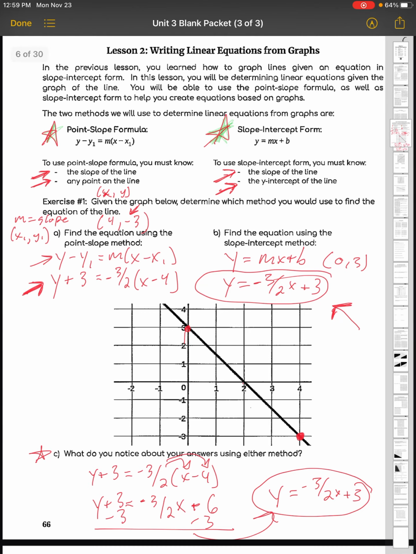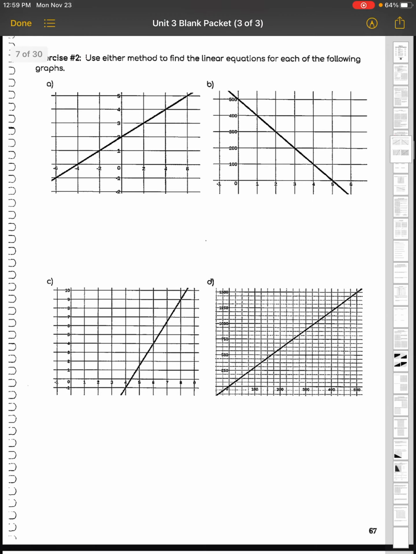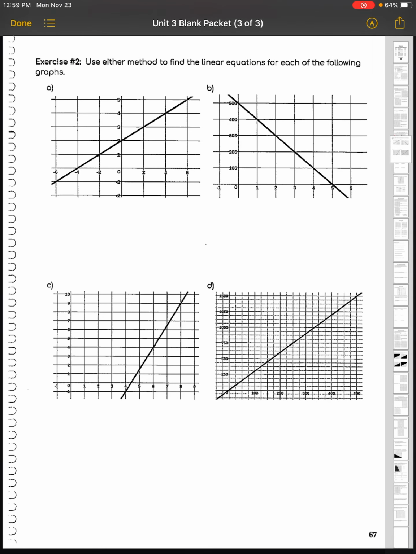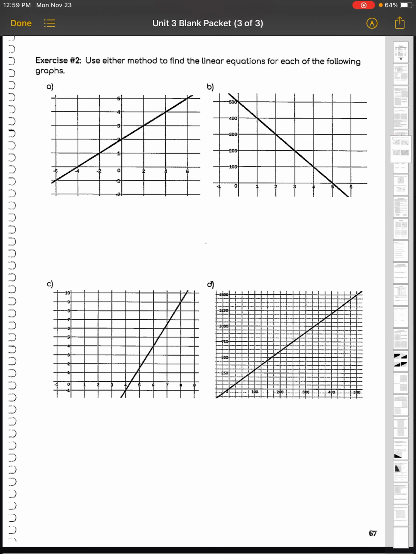Let's go ahead and move on to the next page here. Using either method, find the linear equations for each of the following graphs. Sometimes it might be a little bit easier for us to use the point-slope, and sometimes it might be easier to use the slope-intercept method. So let's look at this one here.